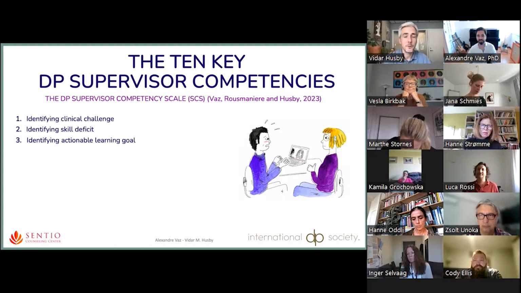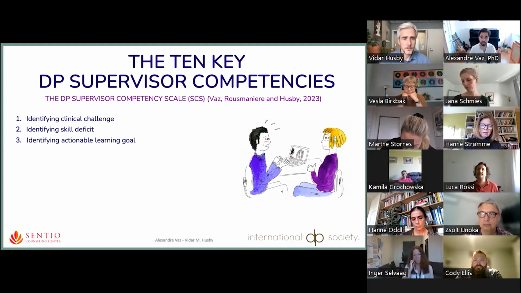The learning goal has to be actionable. So when you do this certification, your trainer will teach you to efficiently identify a relevant and actionable learning goal to address the identified clinical challenge.